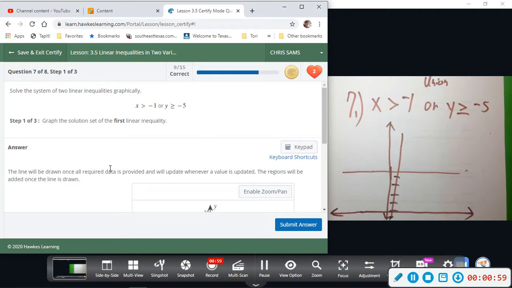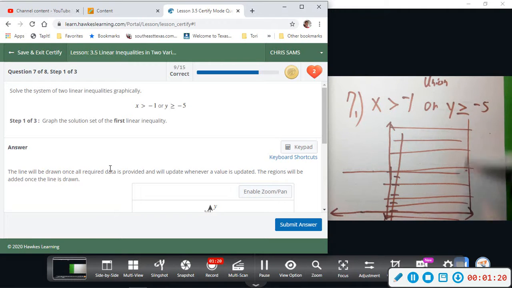So for the x graph we will be shading this way, all the way across, everything across there. And then y is greater than or equal to negative 5, so it's going to be shading up everything. This part's going to get double shaded.